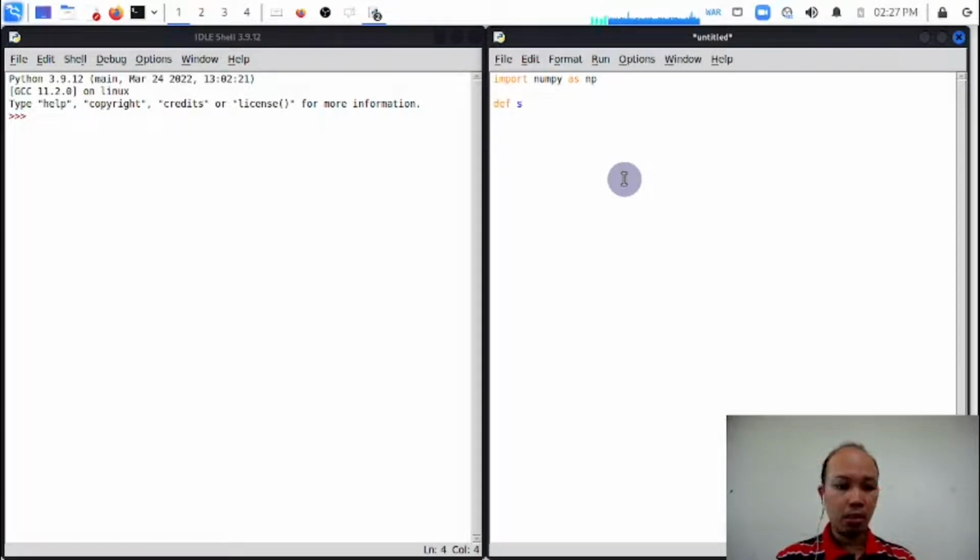We will call this one secant. And we have these 4 parameters: p0, p1, and then eps, the tolerance, and the number of iterations.